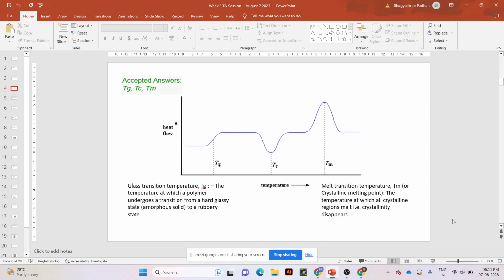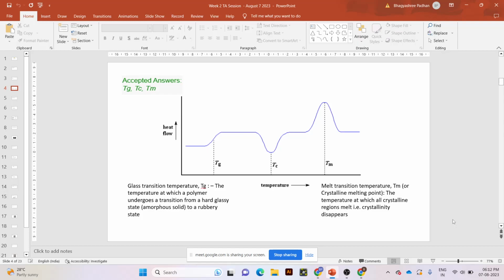Then comes Tc, the crystallization temperature, where it will form crystals. After forming the crystals comes Tm, the melt transition temperature, at which all crystalline regions melt, that is, crystallinity disappears. That's why first Tg will come, then Tc, and then Tm.